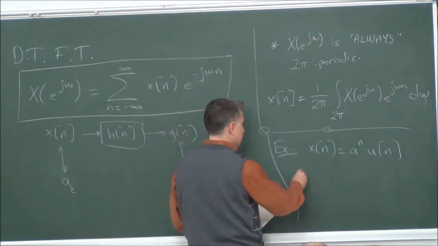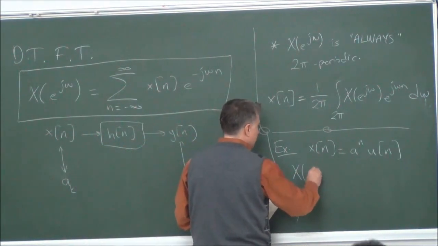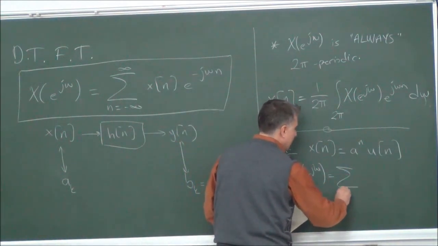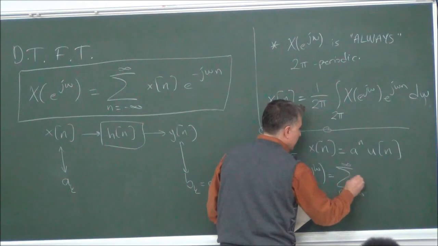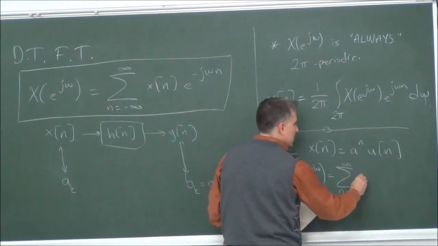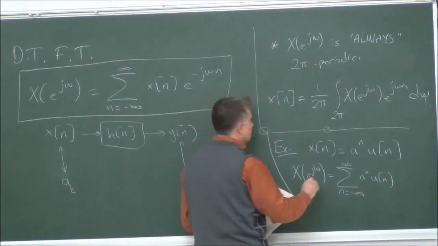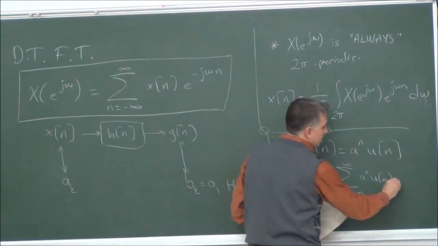Just apply it inside the summation. The Fourier transform is the sum over n from minus infinity to infinity, x of n, which is a to the n u of n, times e to the minus j omega n.